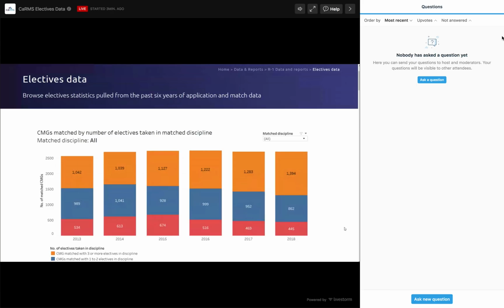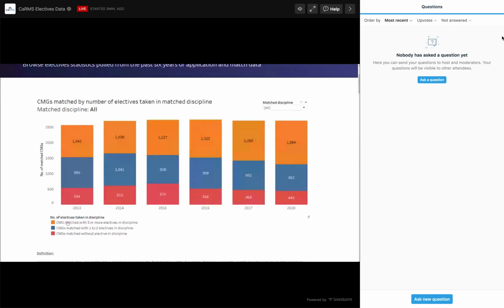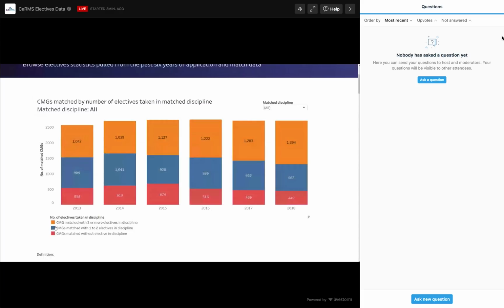The blue indicates the number of CMGs who matched with 1 or 2 electives in the discipline, and the red indicates CMGs matched to the discipline who had not taken an elective in that discipline. So that gives you a bit of an orientation to the slide itself.